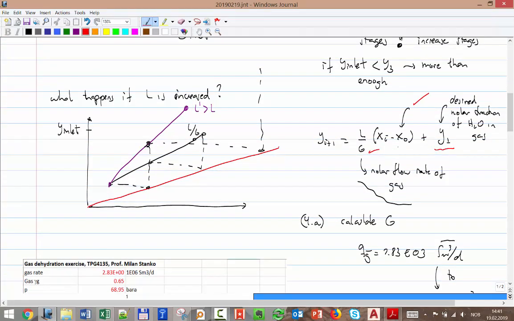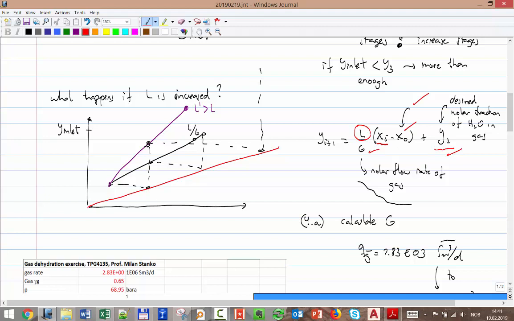Now we have this, and this is what we are going to change. And we need L, which is the amount of TEG that I'm injecting.